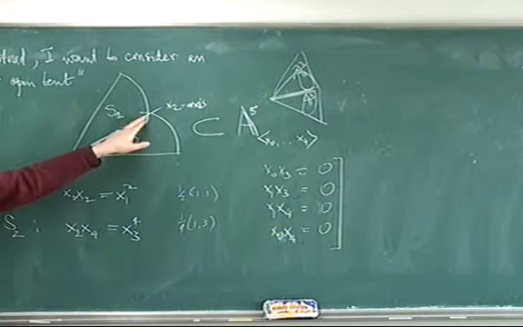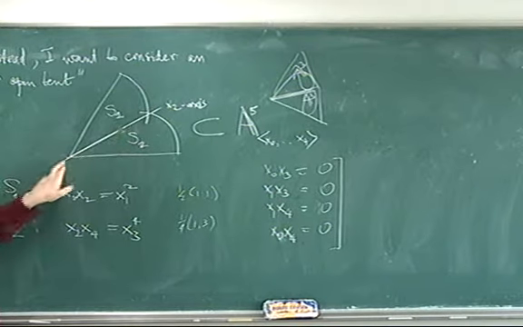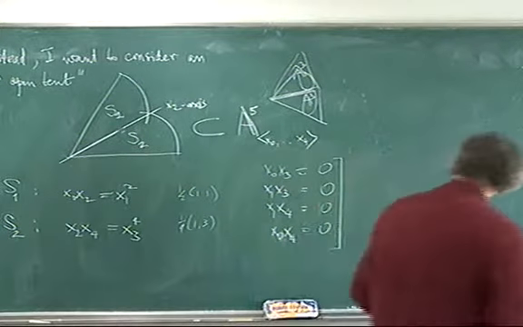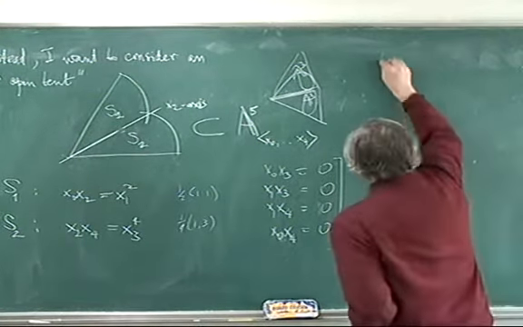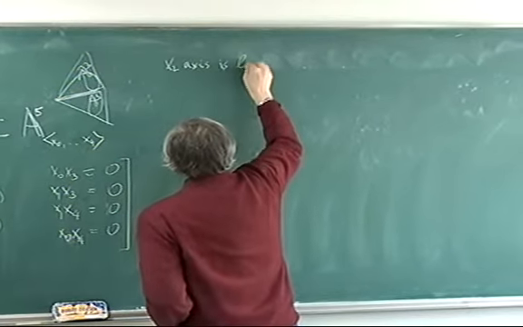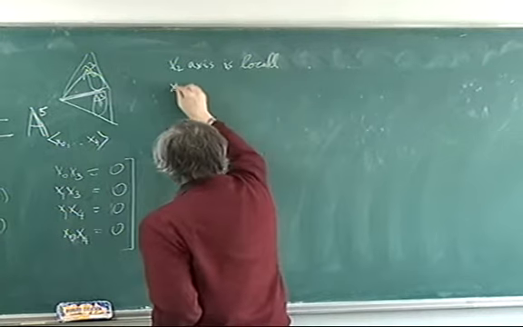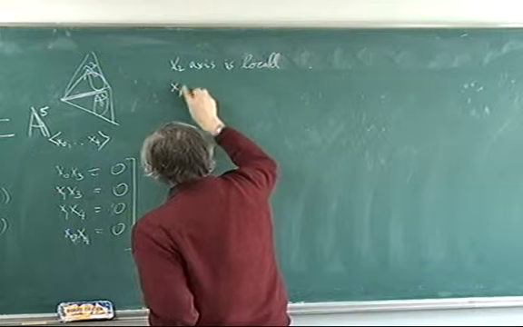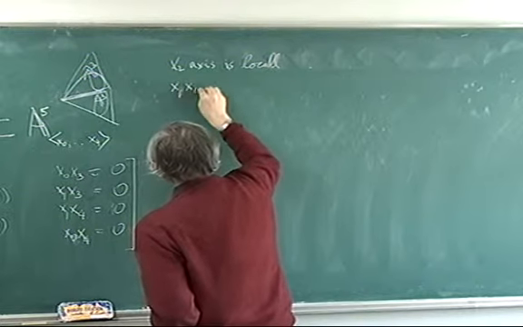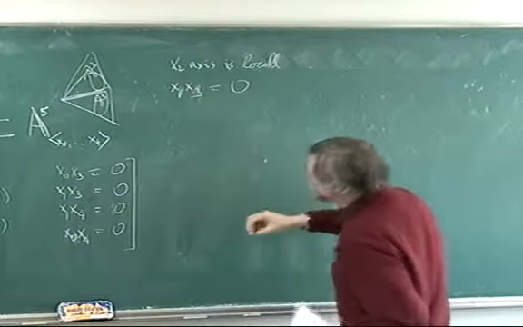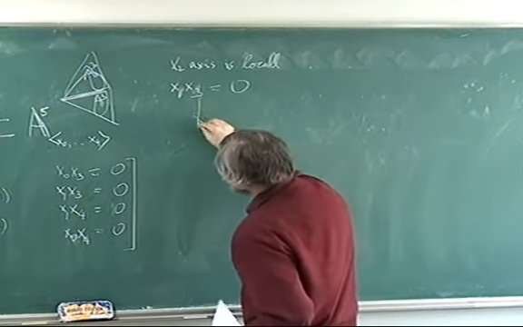Well, this axis you should think of as being a non-isolated locus of singularities, so the x2 axis is locally x1 x4 equals 0, x1 x3 equals 0.